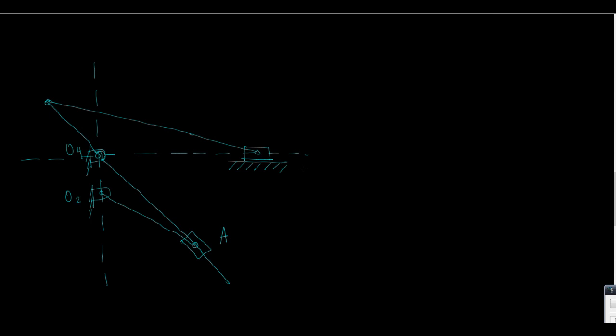Okay, this point we can call it C, this slider we can call D. This is the input link which moves at a constant angular velocity. As we move it, D has a leftmost position which we will call XL. It has a rightmost position which we will call XR, and there is a quick return ratio.